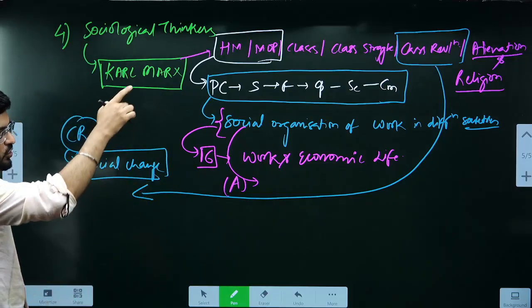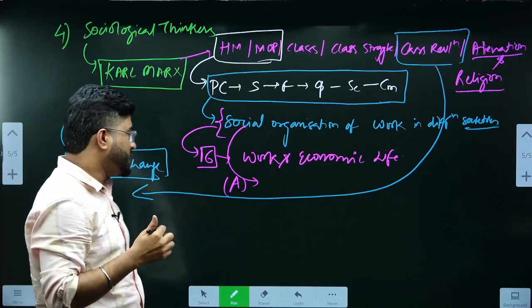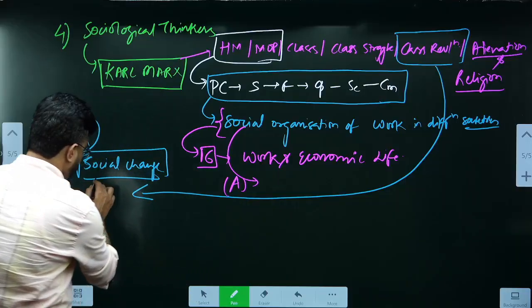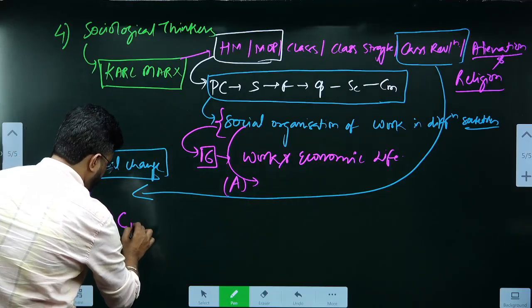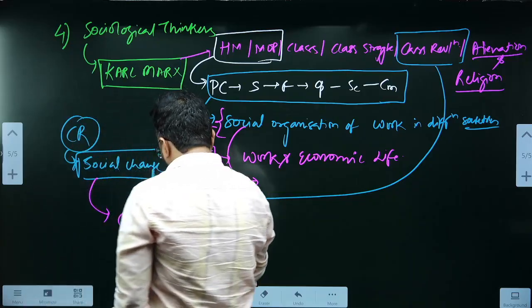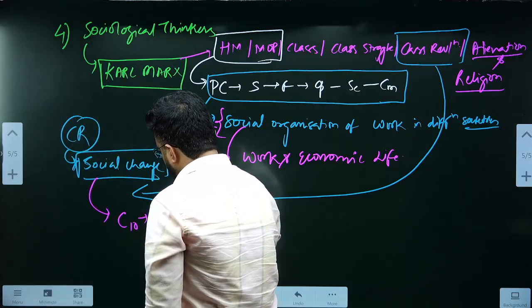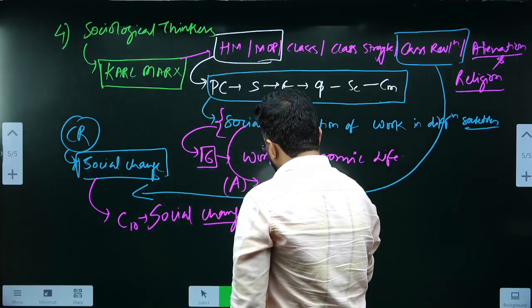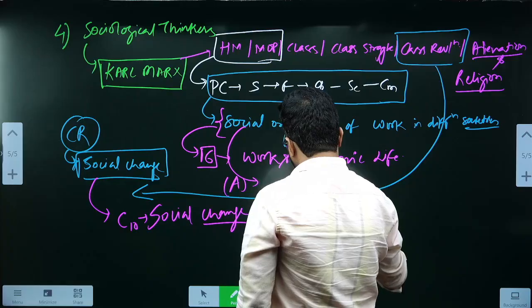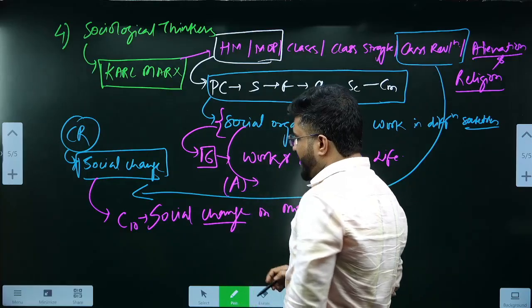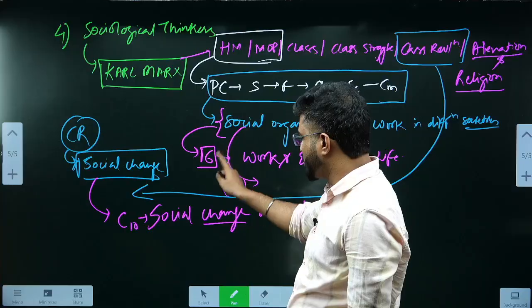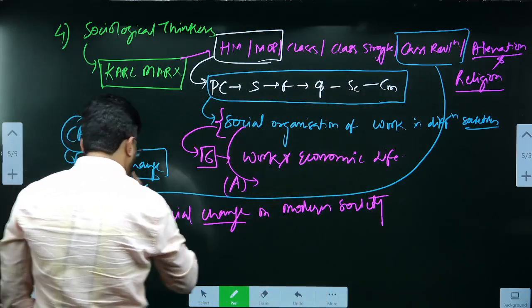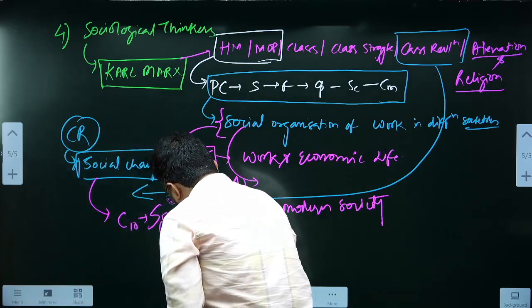So this particular class revolution theory of Karl Marx is further related to another chapter, chapter 10 of paper 1, whose name itself is social change in modern society. So whenever you are covering social change in modern society, in that particular chapter you must be reading about conflict theory of social change.